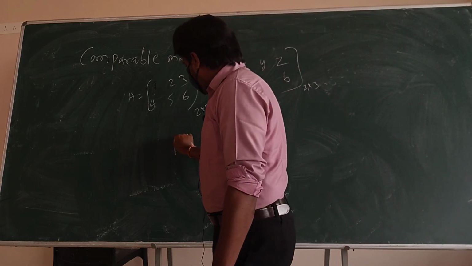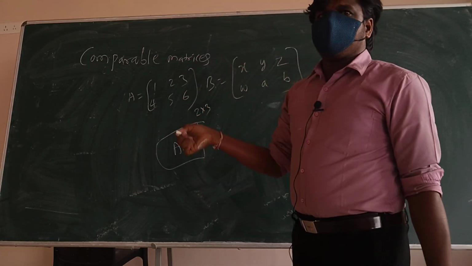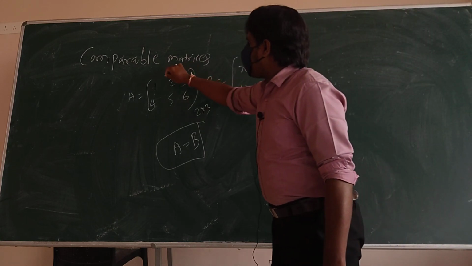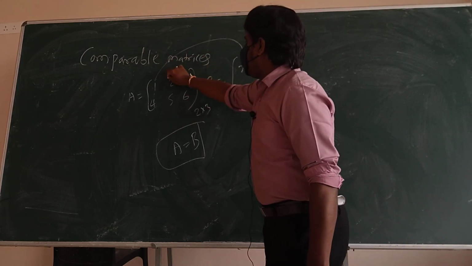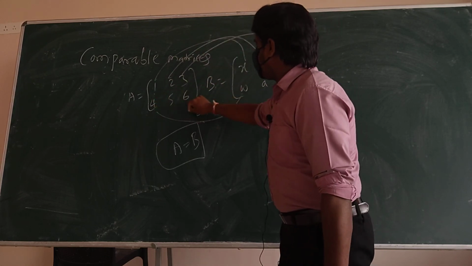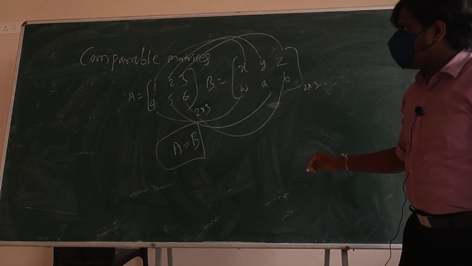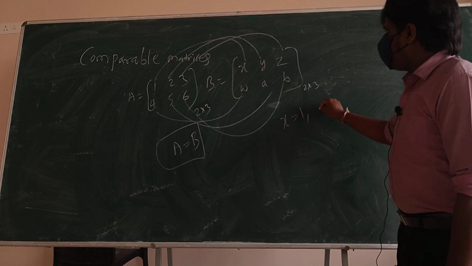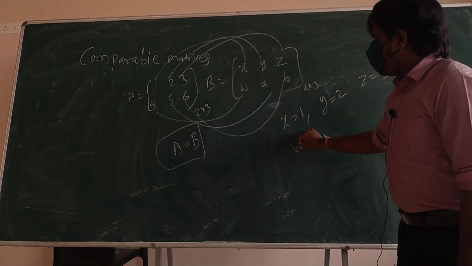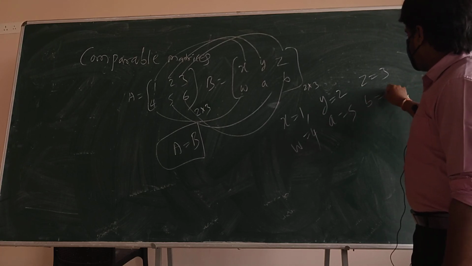Suppose the comparison is equality: if two matrices are equal, then their corresponding elements will be equal. It means x is equal to 1, y is equal to 2, z is equal to 3, w is equal to 4, a is equal to 5, b is equal to 6.